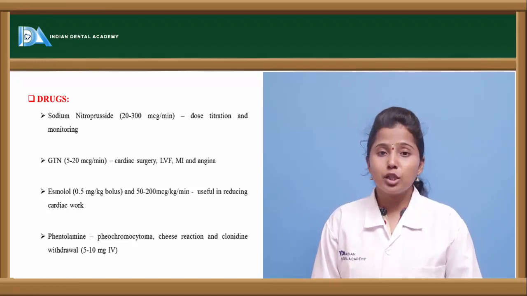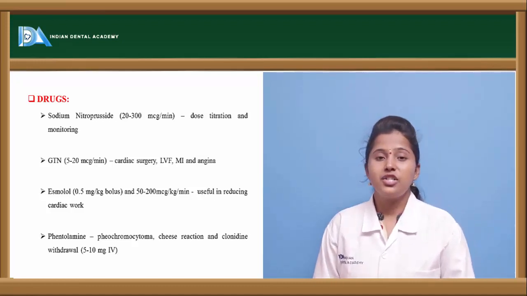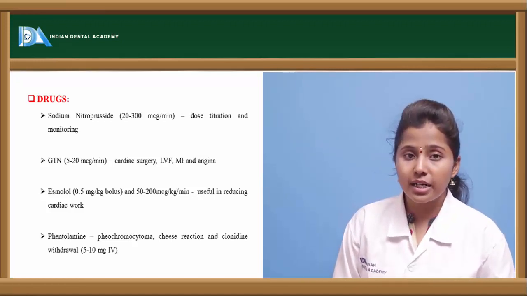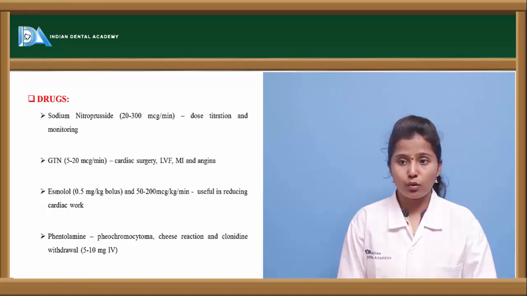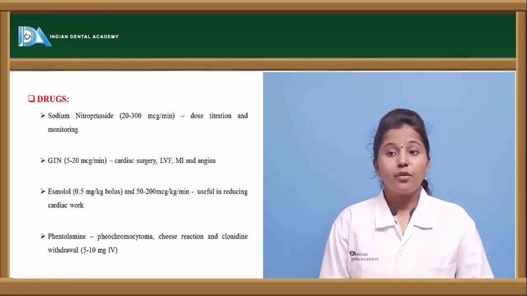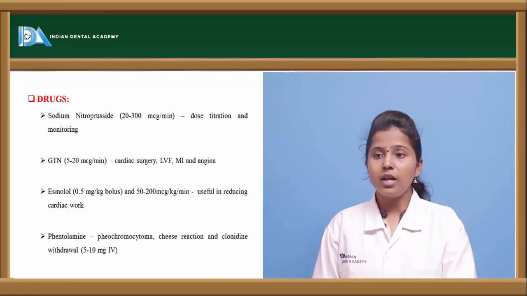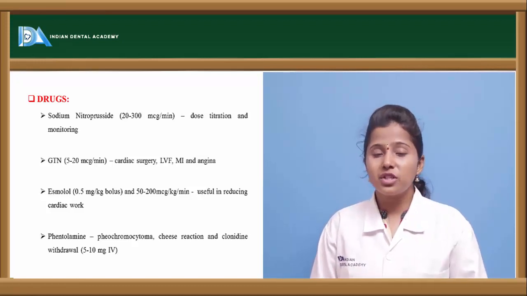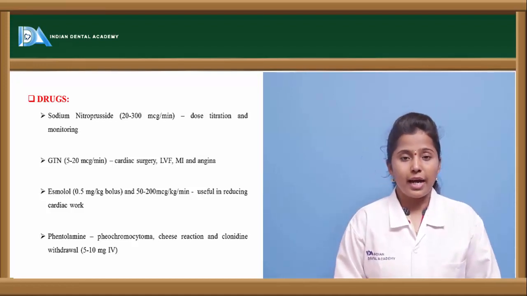This dose should always be monitored. The second drug is GTN, that is glyceryl trinitrate or nitroglycerin, which should be given in the dose of 5 to 20 microgram per minute. GTN is usually given in the emergency conditions of cardiac surgery, myocardial infarction or angina.